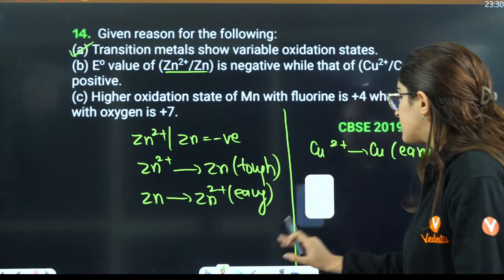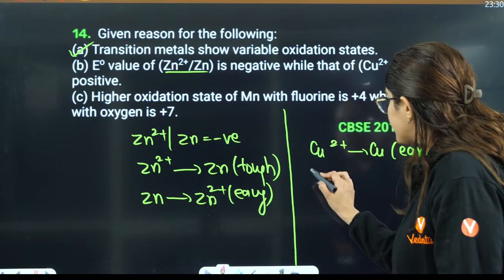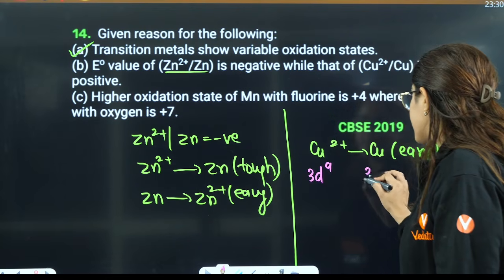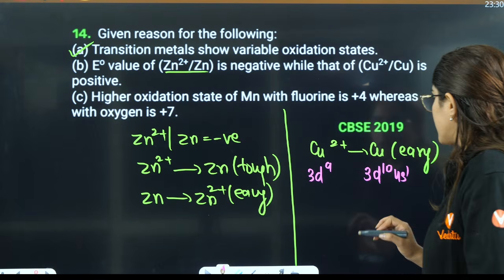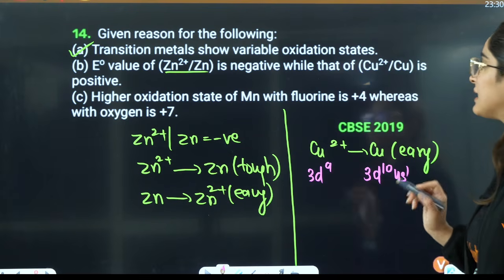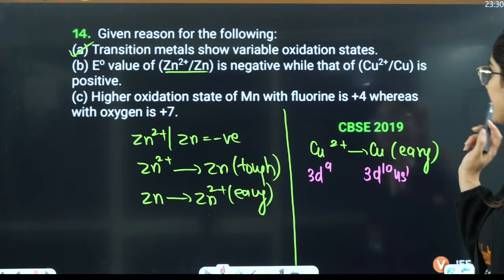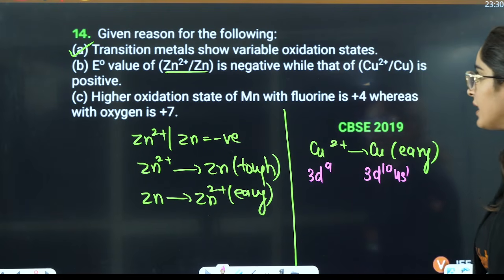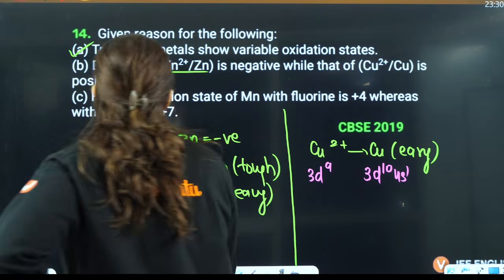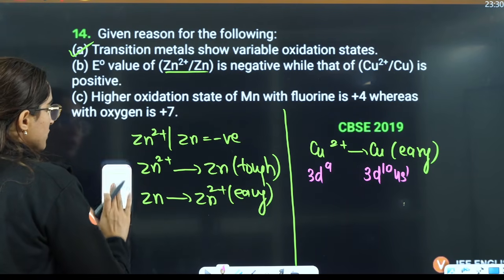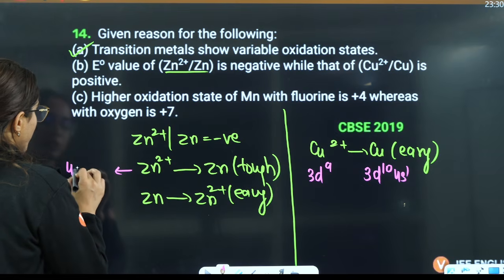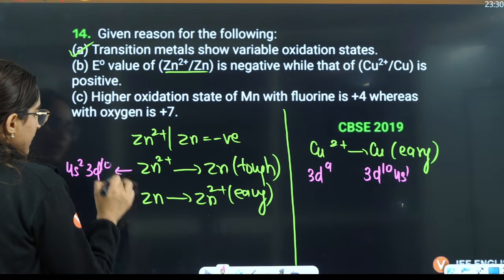Cu2+ is 3d9 and Cu is 3d10 4s1. Now they are saying this value is negative while this value is positive. Why? Because if I consider the conversion of Zn2+ to zinc, what about this one? This is 4s2 3d10.